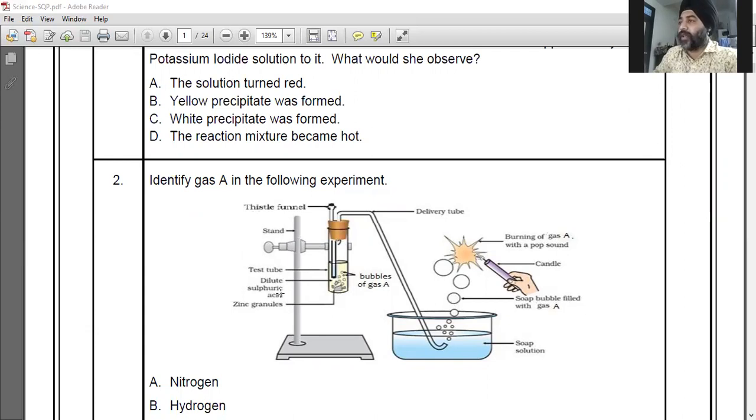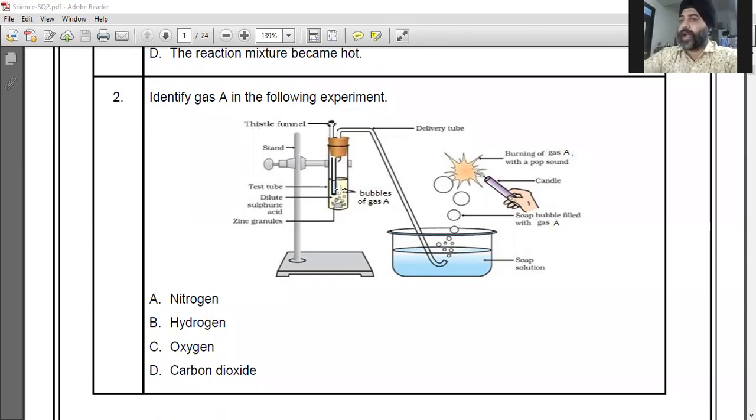Now just see that we are adding sulfuric acid to zinc granules. So when we add sulfuric acid to the test tube containing zinc granules, Zn plus H2SO4 gives ZnSO4, that is zinc sulfate, plus which gas is liberated? It will be hydrogen gas.